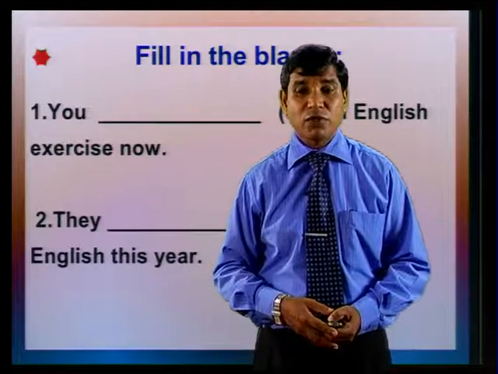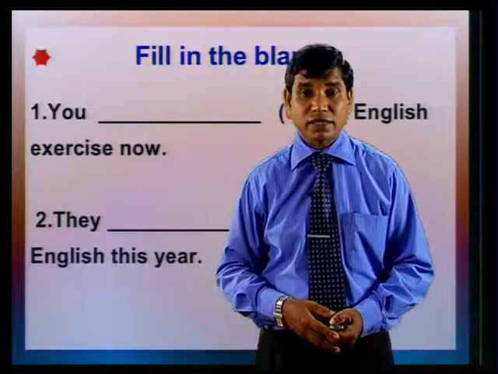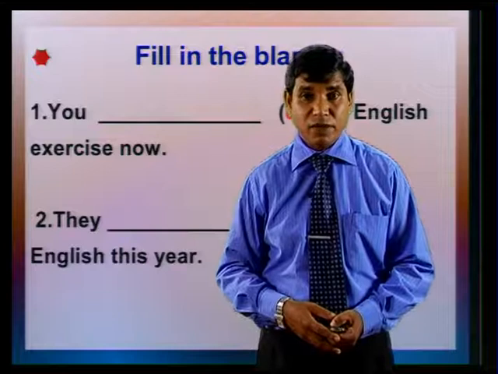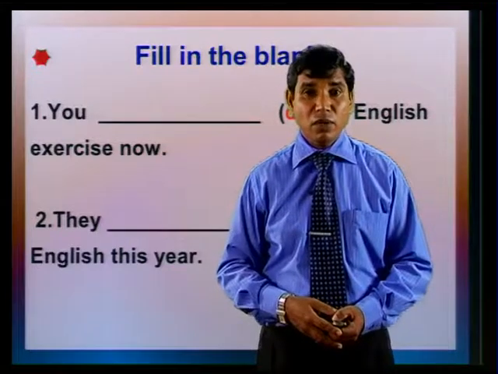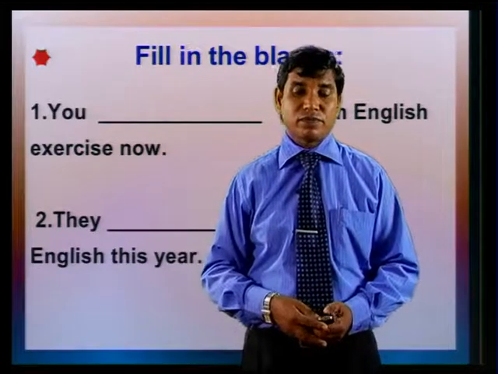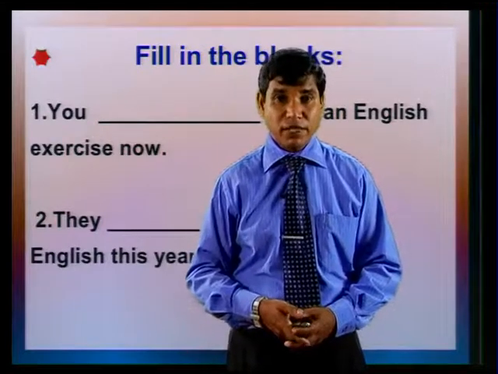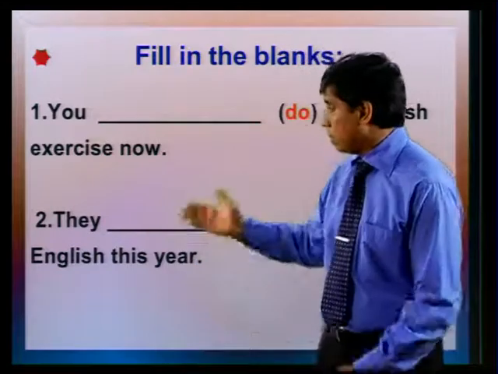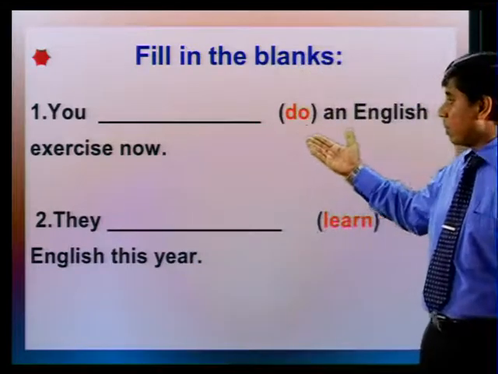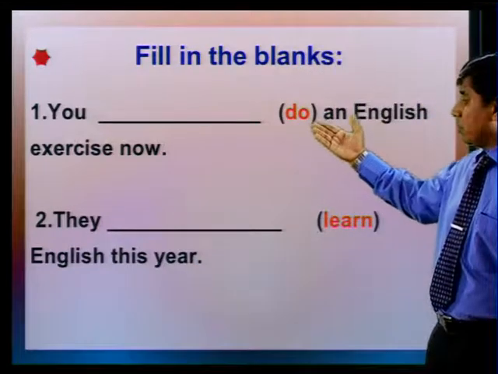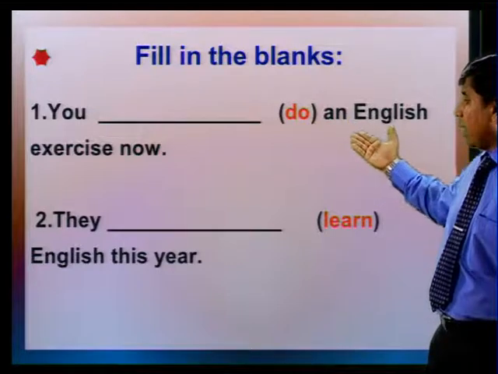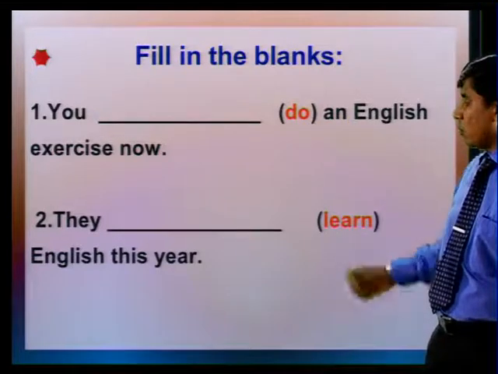Now it's time for you to try these activities. Ready? Okay. Now look at the first one. You have to fill in the blanks. You, blank is there. In brackets you find do an English exercise now.